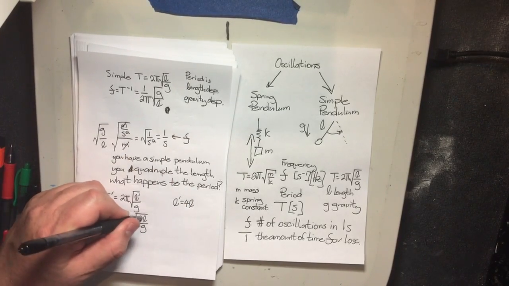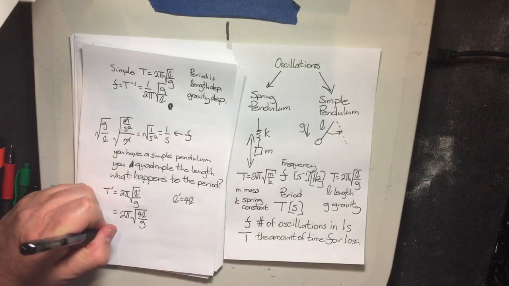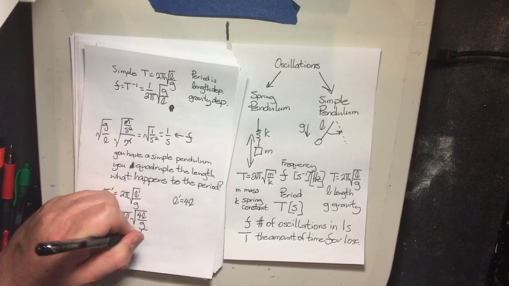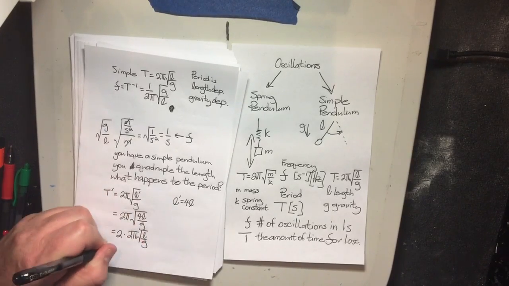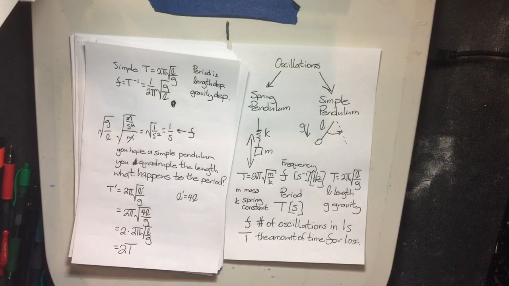The square root of 4L can be changed so that it is 2 times 2 pi square root of L over g, and it becomes 2 times the old period. So that lets you figure out, if you adjust something, how the other variable changes.